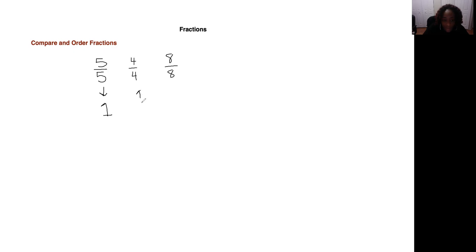You can read them as 8 divided by 8, or you should just know that anytime there's the same numerator and the same denominator, it equals 1.